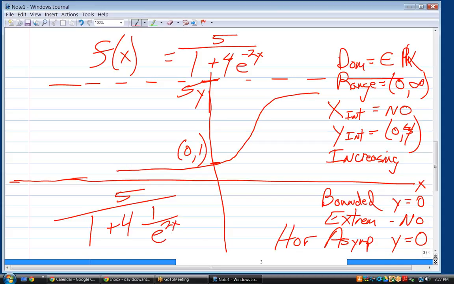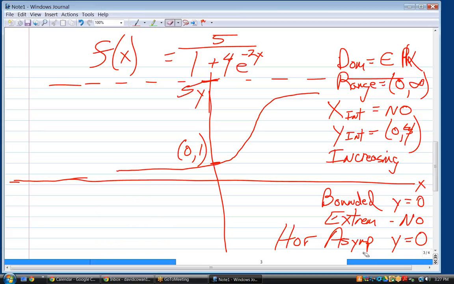As x gets super big, this denominator gets big, this whole thing goes to 0, and you end up with 5 over 1. So the horizontal asymptotes here are y equals 5 and y equals 0. We actually have two asymptotes.